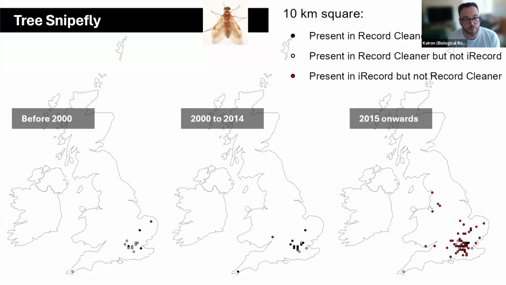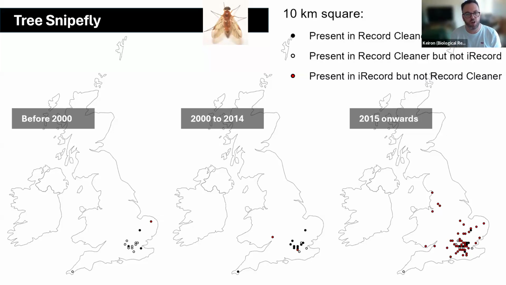So if we look at the distribution of the snipefly as well, we've got the version of Record Cleaner in iRecord. We've got the Record Cleaner based on the rules that were set back in the 2000s. And then we've got the other species records since.